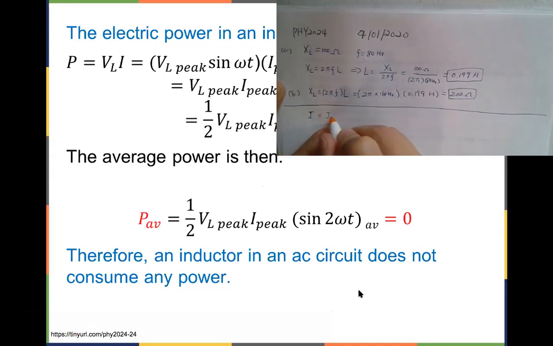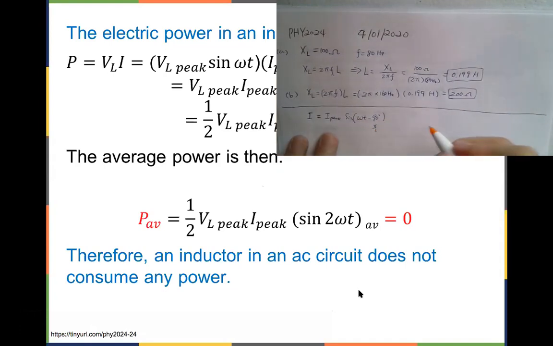So I is going to be I peak sine of omega t minus 90 degrees, as we saw earlier, or pi over 2. But sine of omega t minus 90 is actually equal to cosine of omega t. So this is the relationship we utilize on the slide here.